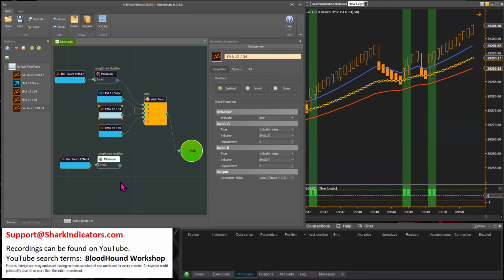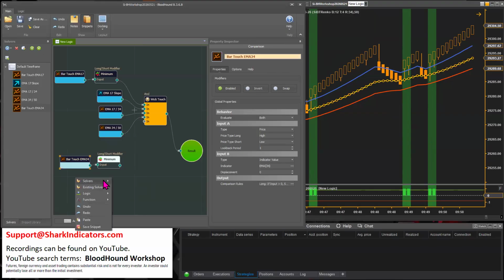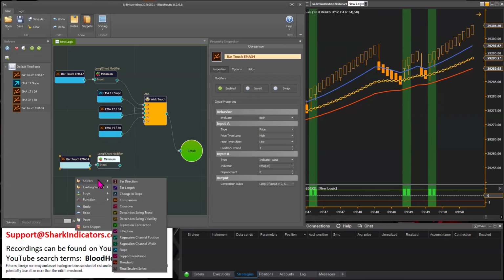Yeah, so instead of this filter here, I'm just deciding on how I want to approach this. Wondering, do I want to use a crossover solver to identify that, or a comparison solver? I don't really think one's easier than the other.